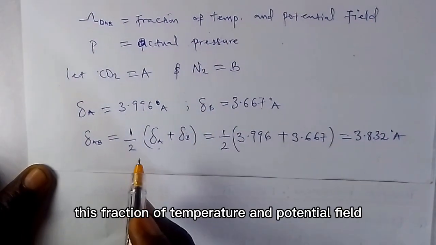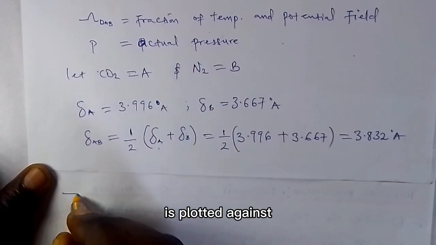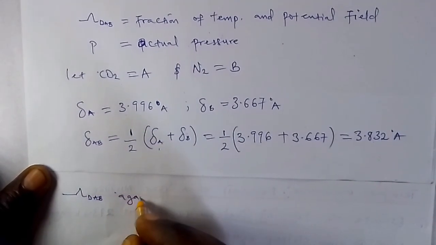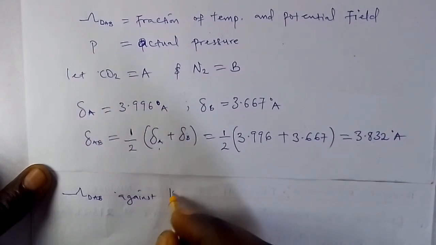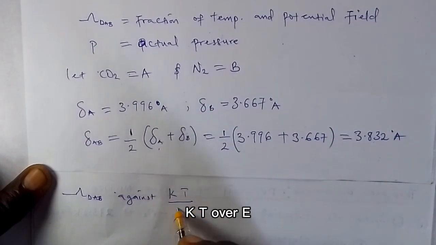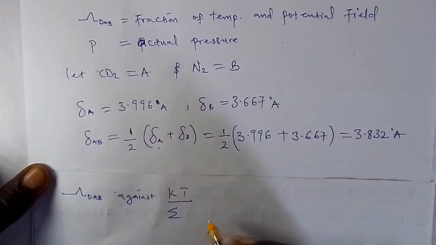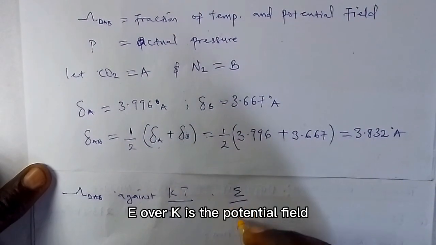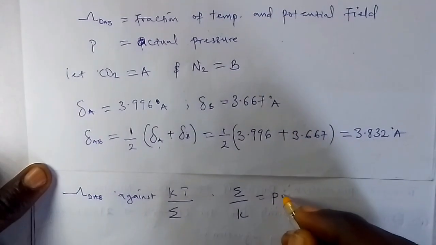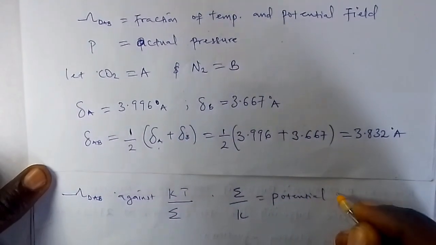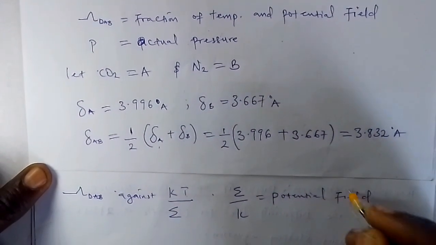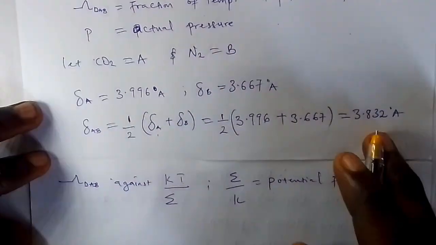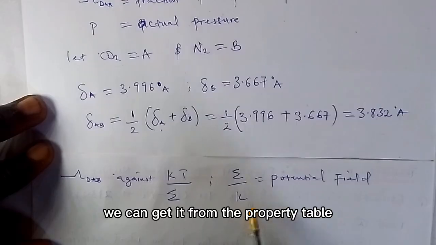The function of temperature and potential field is plotted against KT over E, where E over K is the potential field. From here, this E over K, we can get it from the property table.